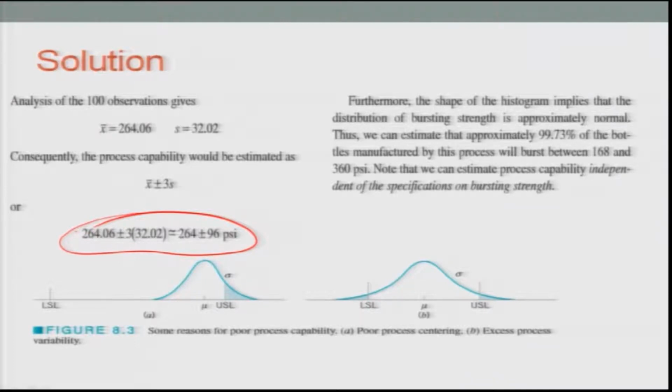Furthermore, the shape of the histogram implies the distribution of bursting strength is approximately normal. This is what I am saying, that as you keep increasing the sample size, they would slowly tend to become the normal distribution.